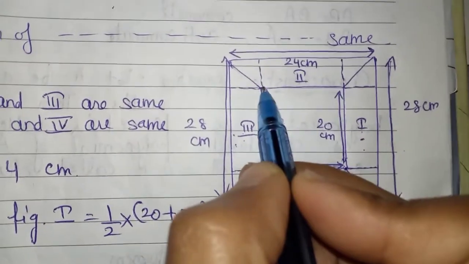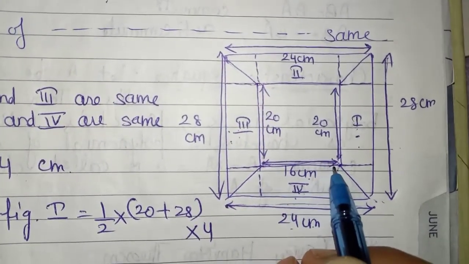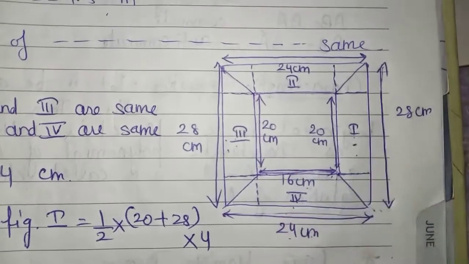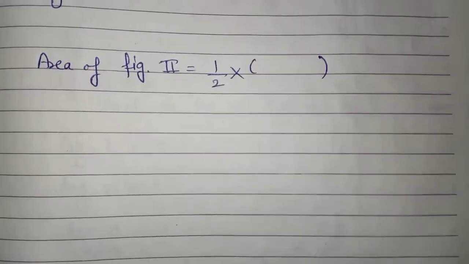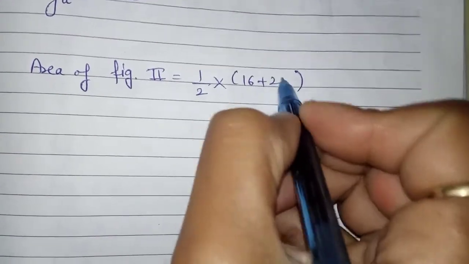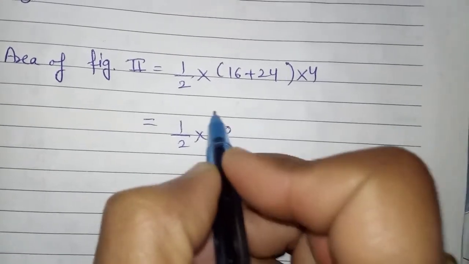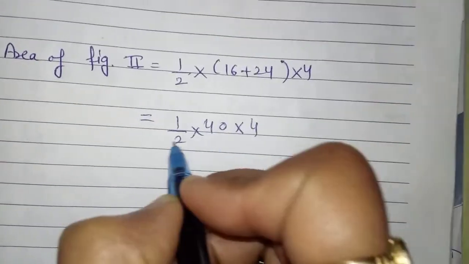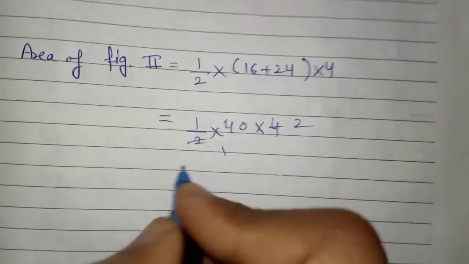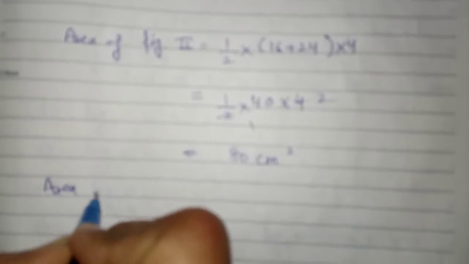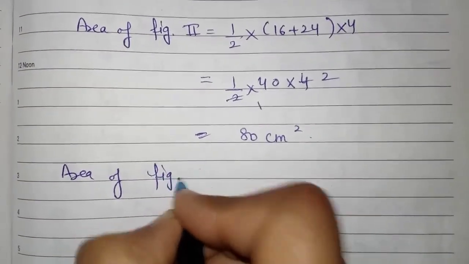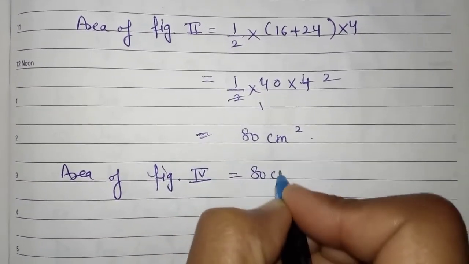Here in this figure we have this is equal to this, that is 16 centimeter, and this is 24 centimeter. 16 plus 24 into h is same again, 4 centimeter. 1 by 2 into 40 into 4. 2 ones are 2, 2 twos are 4, and 4 twos are 8, 80 centimeter square. It means area of figure 4 is also 80 centimeter square.